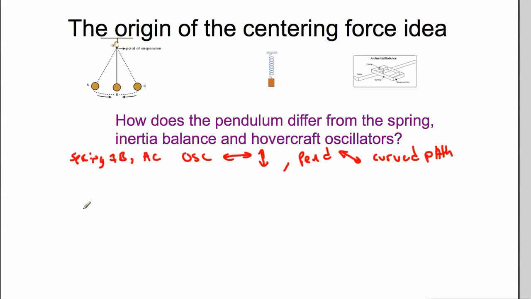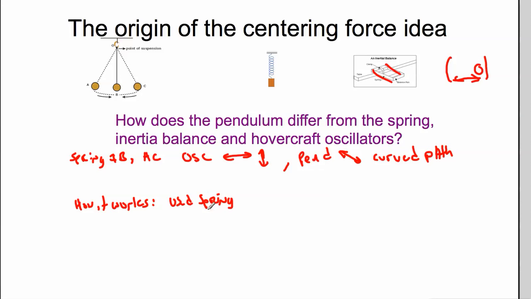Another difference that was frequently brought up was sort of how it works. And some people noticed that the spring used the spring. The inertia balance had these springy side pieces, and the hovercraft, if you recall, here's the hovercraft, bounced back and forth between two rubber bands.